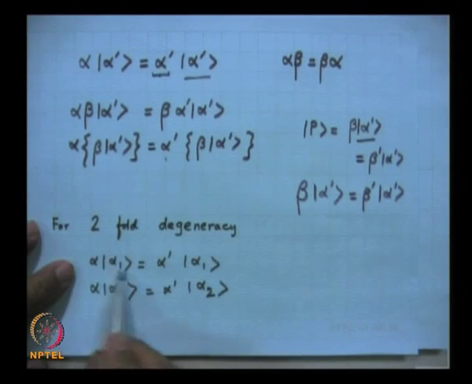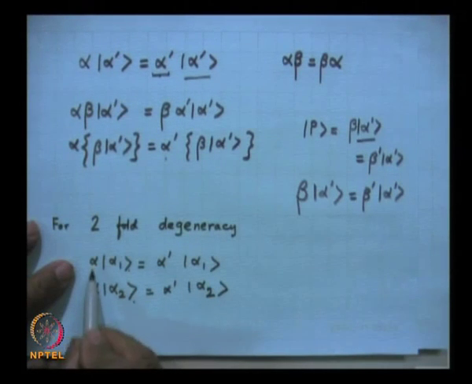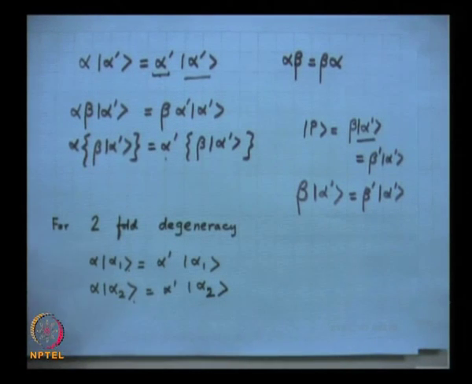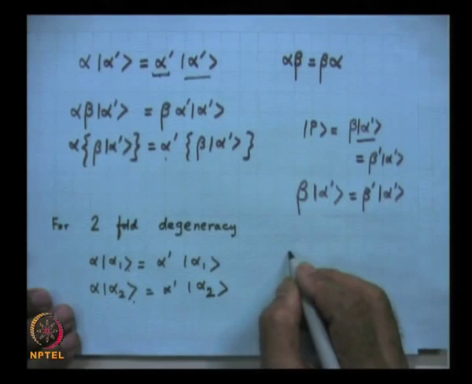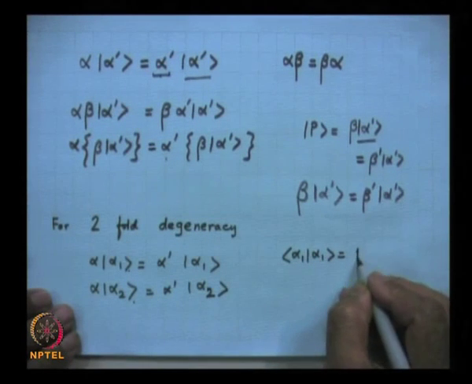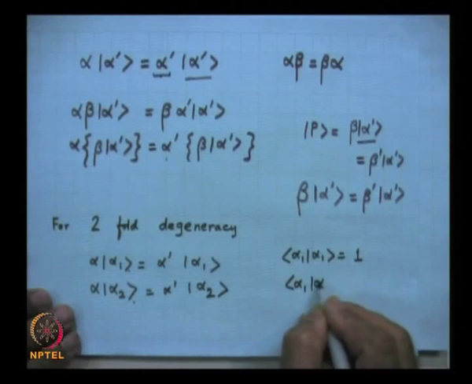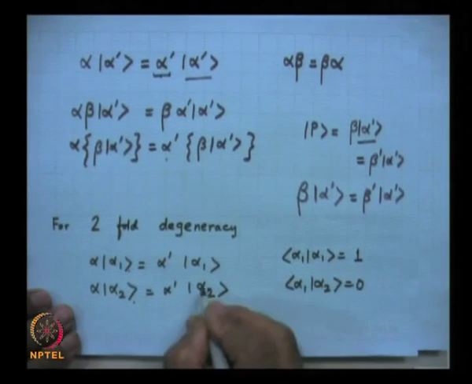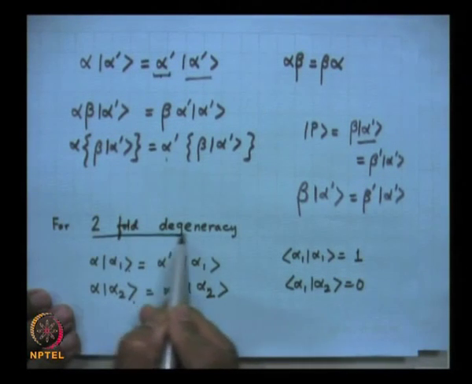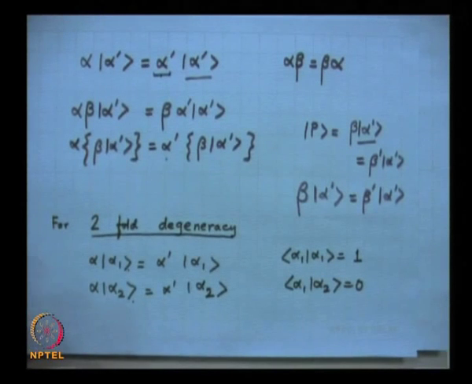That is, ket alpha 1 and ket alpha 2 are two eigenkets of the operator alpha belonging to the same eigenvalue alpha prime, and of course, they are orthonormal to each other. That is, we can always choose that the inner product of alpha 1 with alpha 1 is 1, and alpha 1 with alpha 2 is equal to 0. They are a set of orthonormal eigenkets. So, this corresponds to a twofold degeneracy. Similarly, we can have a threefold degeneracy also.